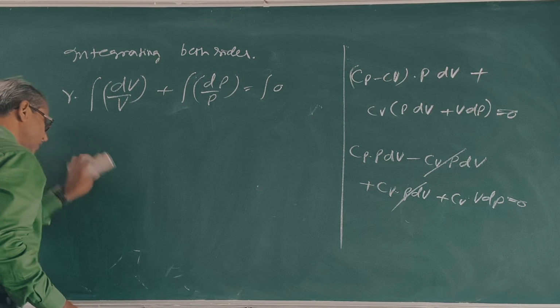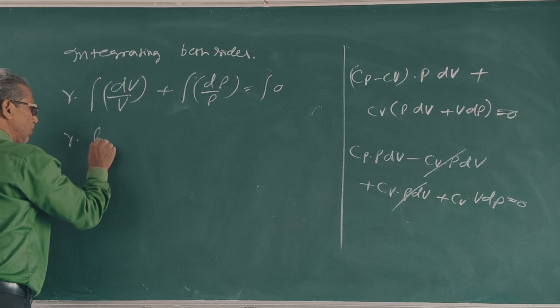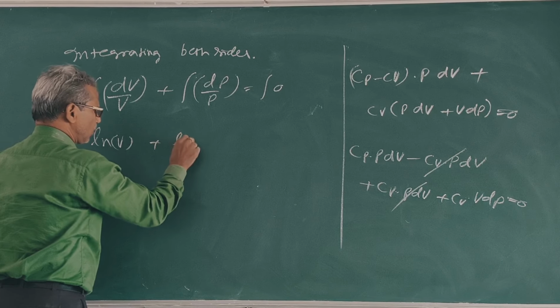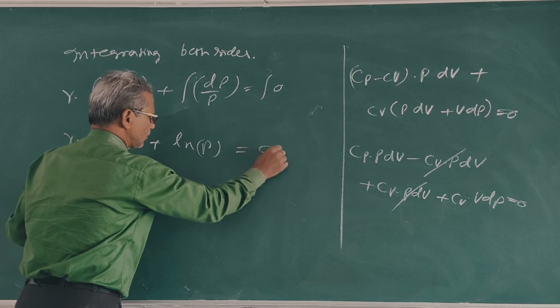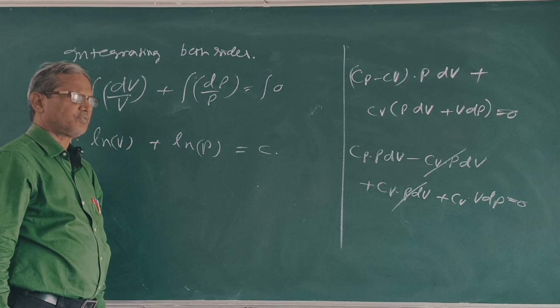This is gamma into ln V plus ln P is equal to constant. Integration of 0 is a constant. Clear?